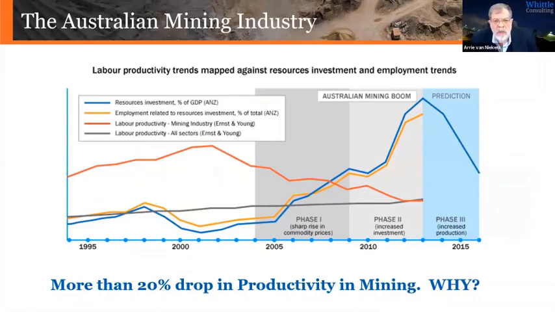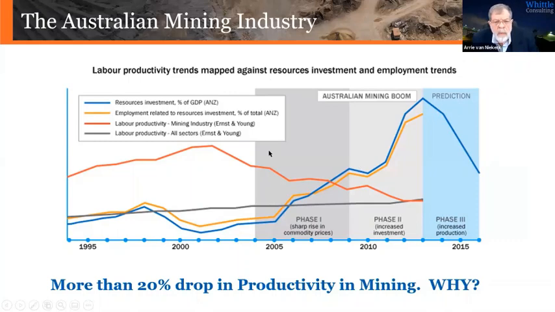This was published by Ernst & Young a bit more than 2 years ago. On the graph, you see the red graph, that's labor productivity in the mining industry, while the gray line is labor productivity in all sectors. This was in Australia.